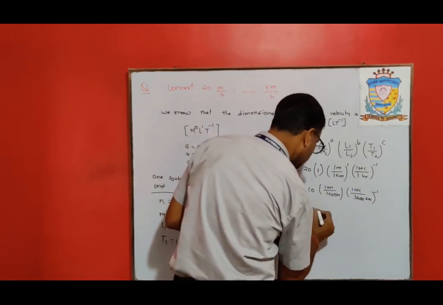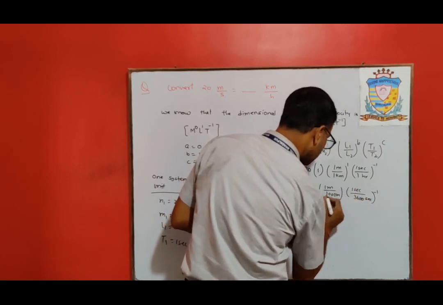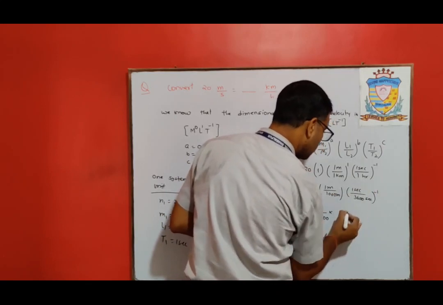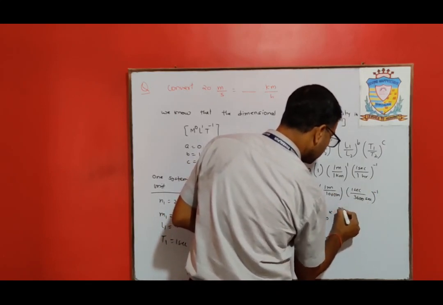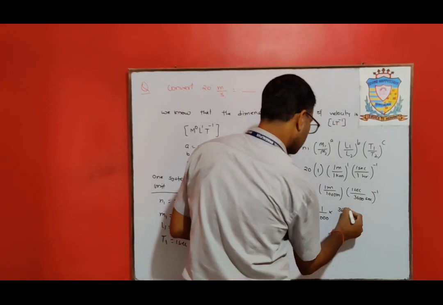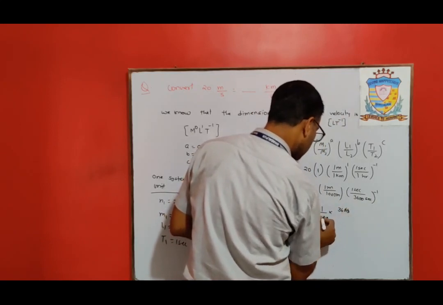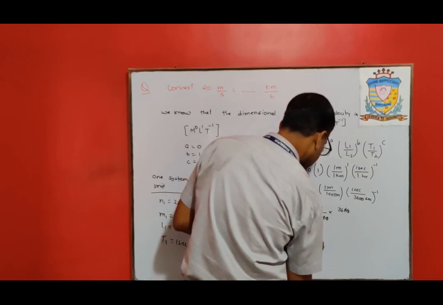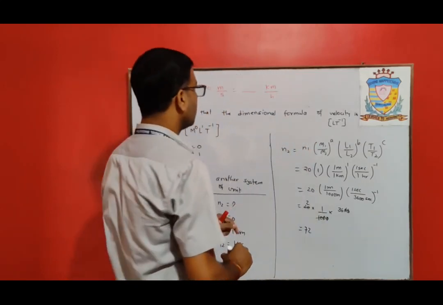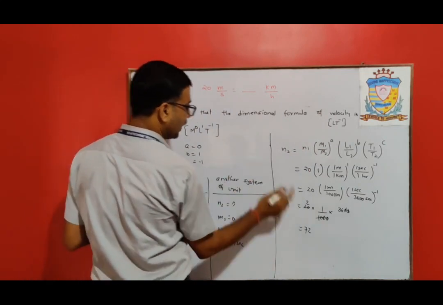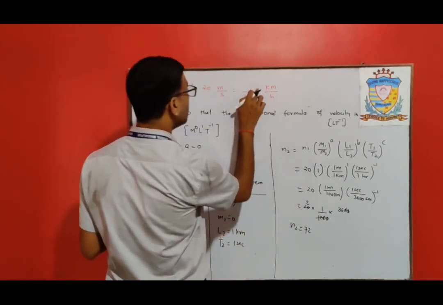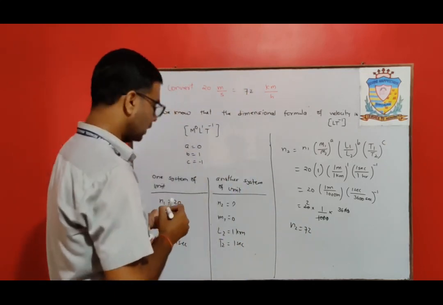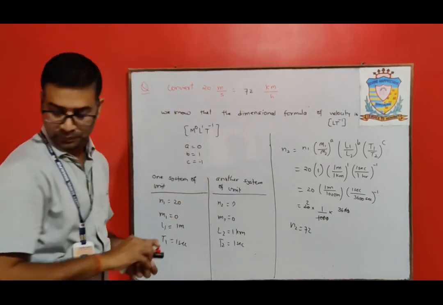So 20 into 1 upon 1000 into 3600 moves upward. So 10 twos are 20 and 36 twos are 72. Clear? So here the value of n2 is 72. So put it over here. This becomes 72 kilometer per hour. Clear?